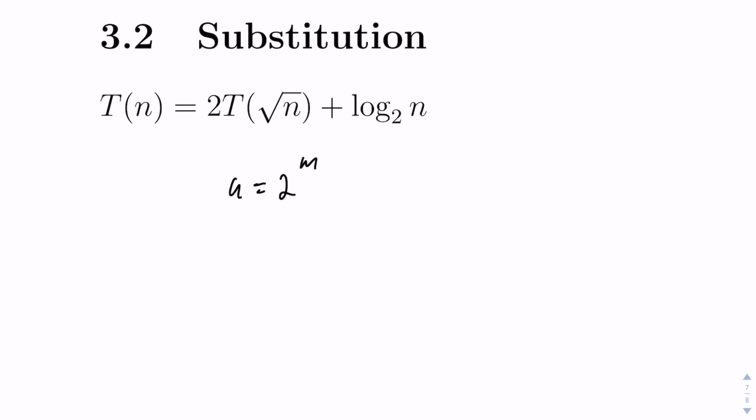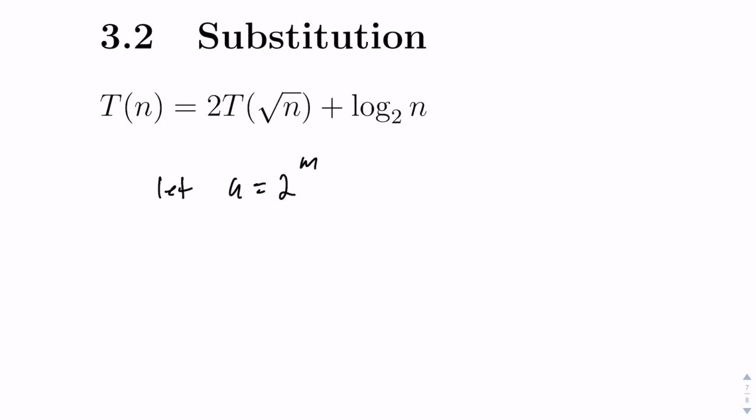We're going to introduce a variable. I think this is very similar to solving integrals when you introduce a u, where we're performing some sort of substitution that makes the problem easier to solve.